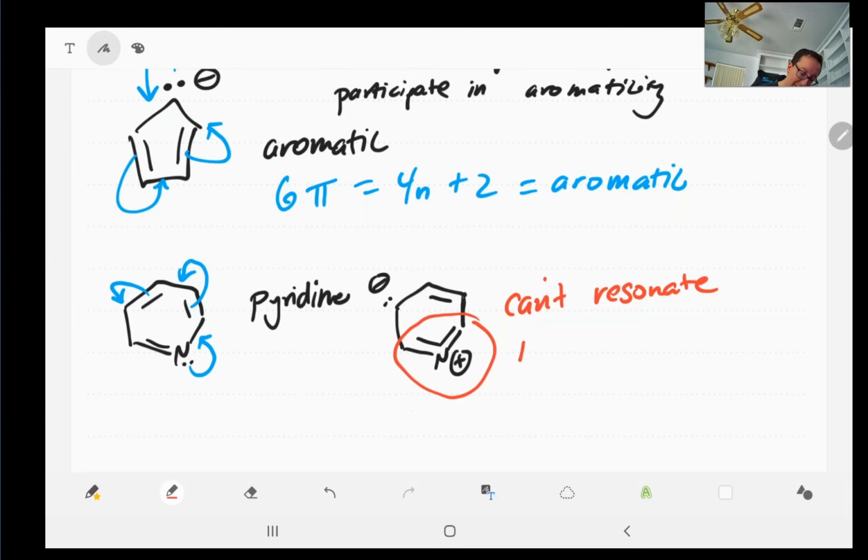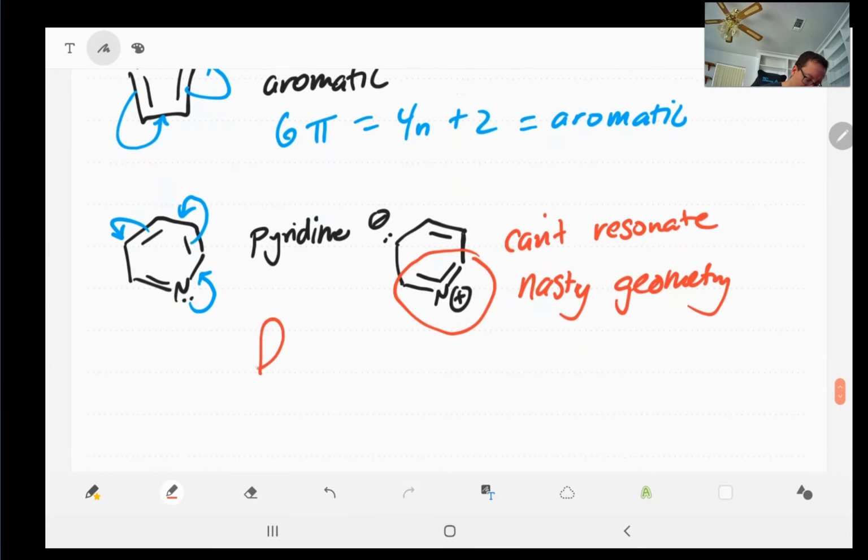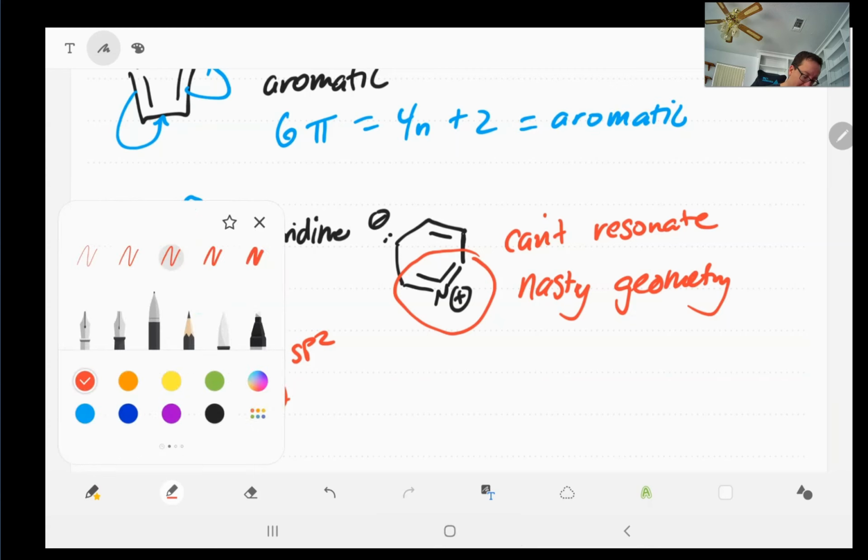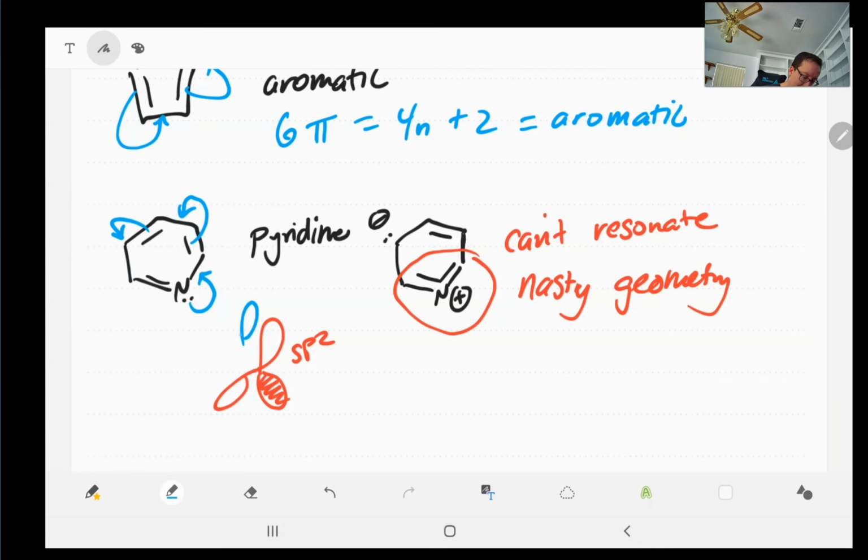Not only do you get this nasty geometry, but remember the sp2 orbitals: we have this one pointing out in a plane. We get our lone pairs there. If we want to interact that with a p orbital nearby to make a pi bond, we have no way of doing that. We've got a vertical p orbital on the next carbon, and this sp2 orbital pointing away from the molecule.